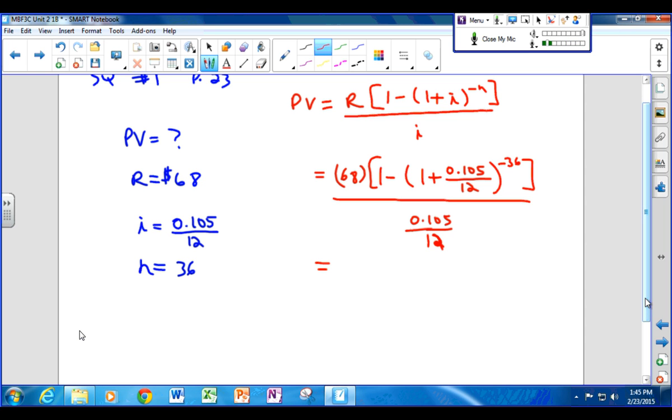So what I end up with is 21968 divided by 0.105. Because remember, we want the PV of this thing, right? So now it's divided by 0.105 and 209,215. So what did we just work out? The present value of the laptop.